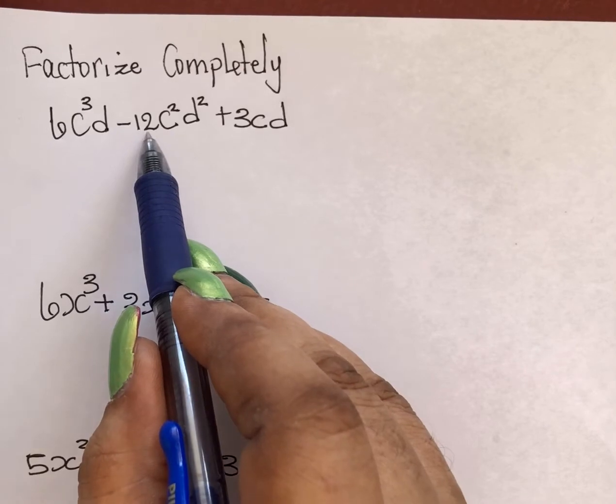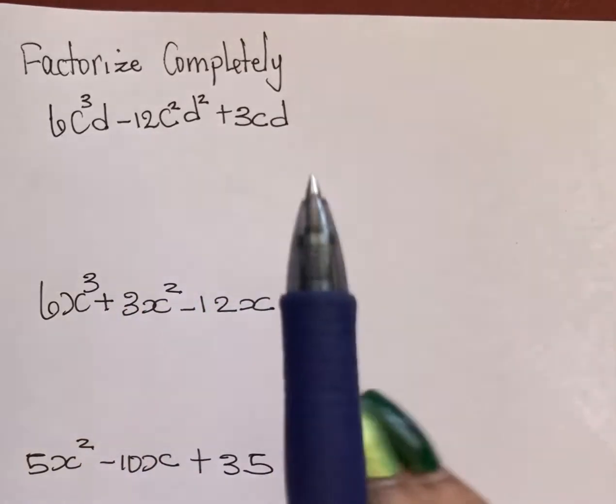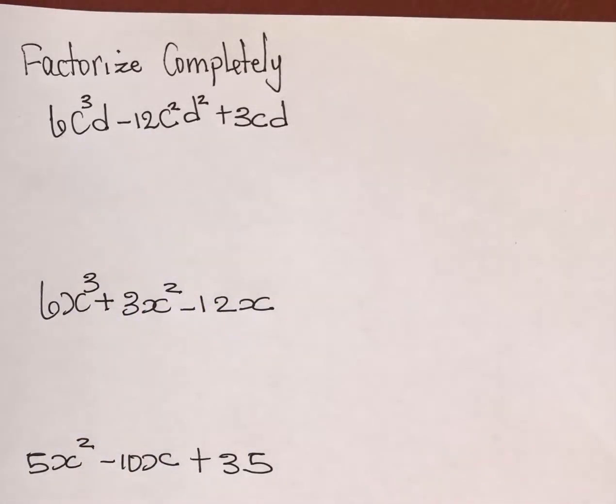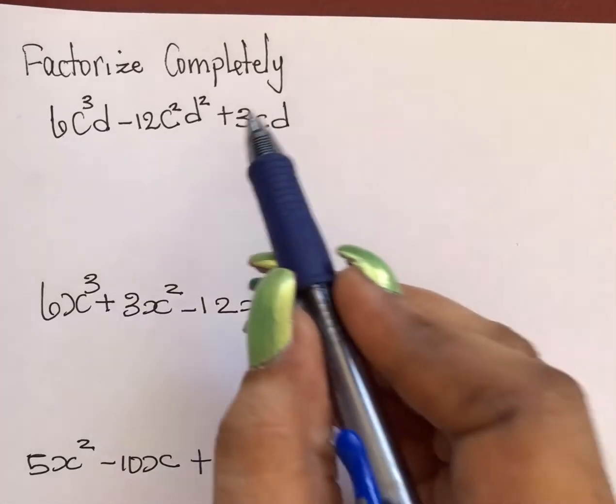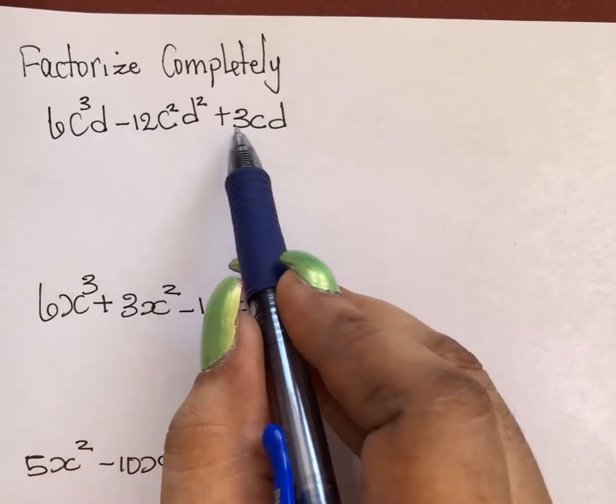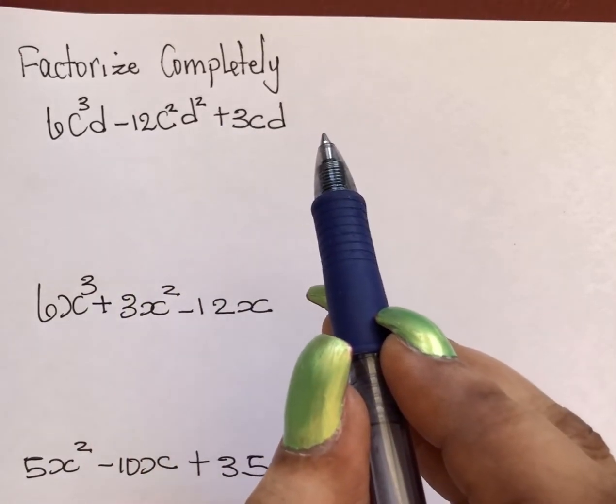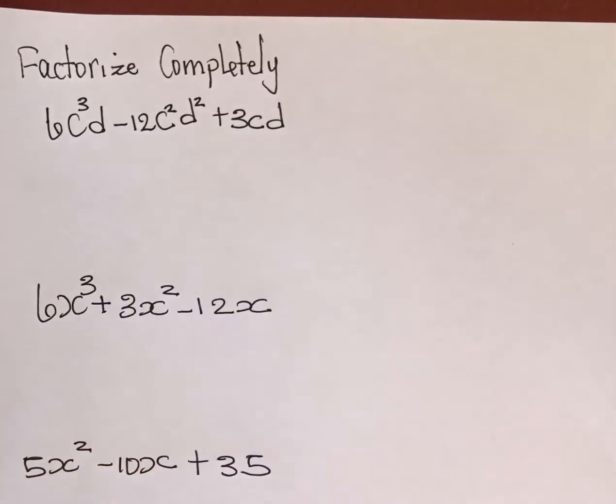Let's not focus on the signs, which is the direction in which they go, whether they are positive or negative. We are only placing emphasis on the values, not their directions. Of these 3 numbers, the highest common factor will be 3.